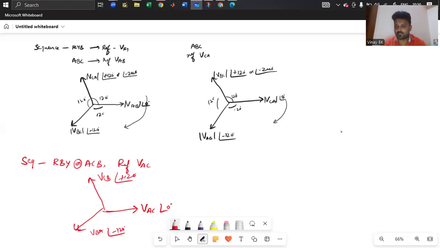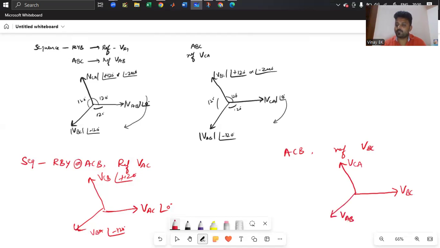Same as if the sequence is ACB and the reference is VBC. CB is same as BC, don't mind. So you need to write VBC as a sequence. In clockwise, you need to write the line voltage VBC, VCA, VAB.